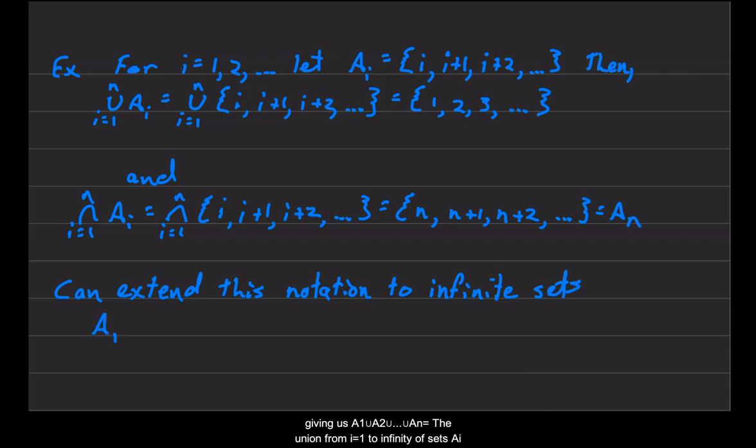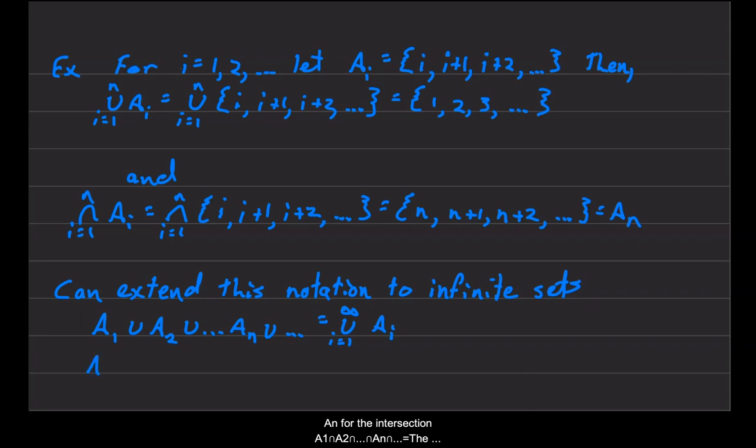Giving us A1 union A2 union dot, dot, dot, An union dot, dot, dot would be equal to the union from i equals 1 to infinity on set Ai.